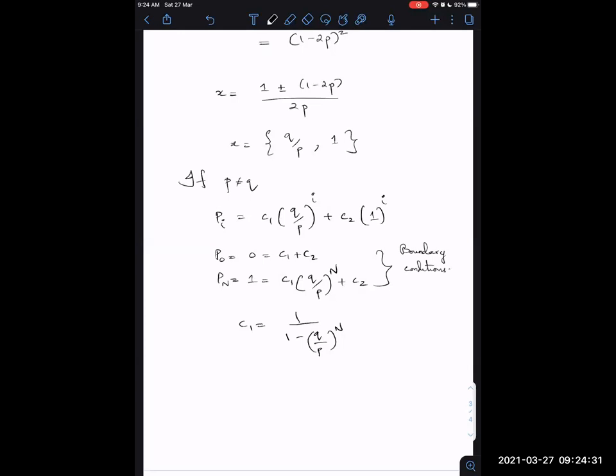Is everything clear till now? So we have seen how to solve this difference equation when q is not equal to p, and you saw that C1 is 1 over (1 minus (q over p) to the whole power n), and C2 is just the negative of that.